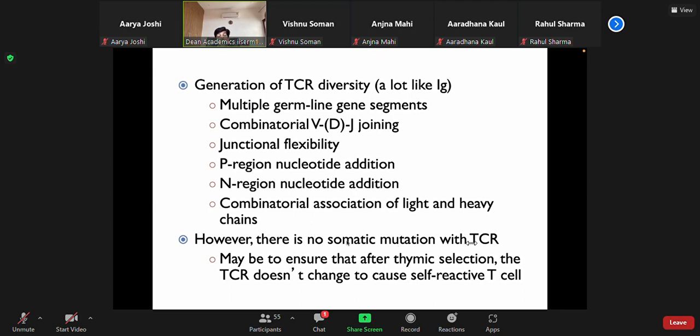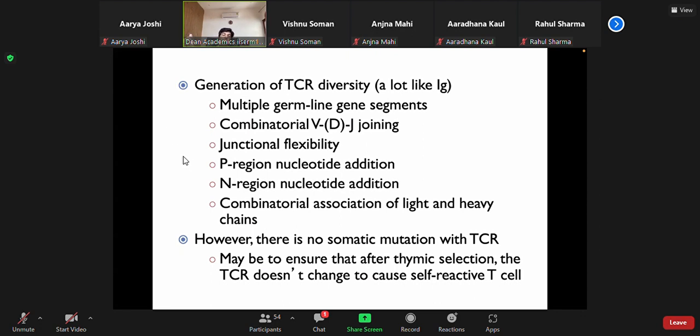Probably the reason for this is that these cells are developing in the thymus, and once they have passed through this process of selection, you really cannot afford to change the T cell receptor expressed by these cells, because then they can potentially be self-reactive.